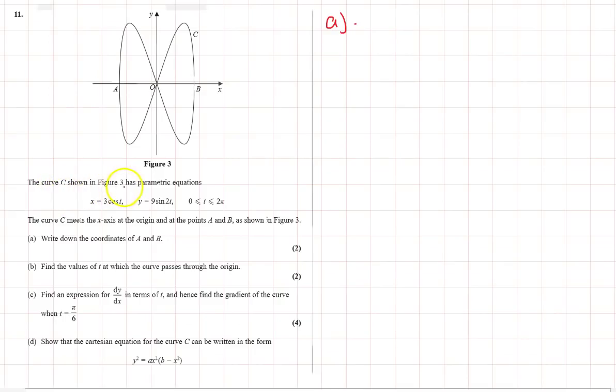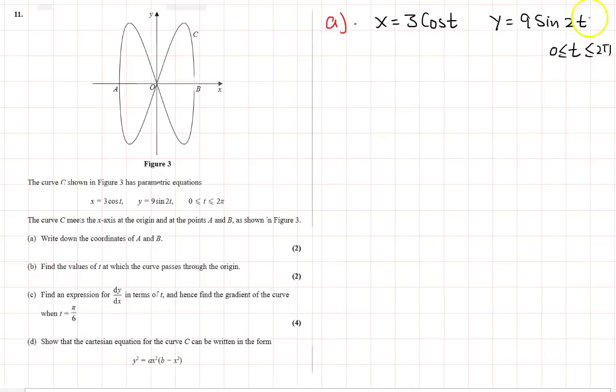The curve shown in this figure has a parametric equation. It's saying x is equal to 3 cos t and y is equal to 9 sin 2t. And the range of t is from 0 to 2 pi.